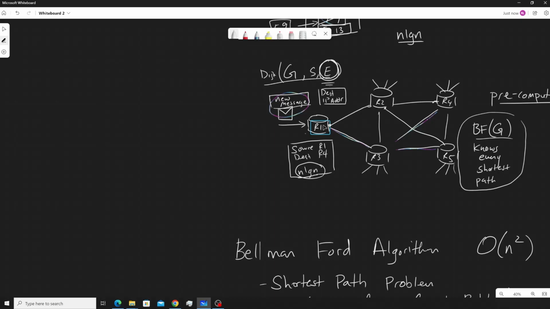And this is just a lookup. Okay, so that's the benefit that Bellman Ford has over Dijkstra, in that it's doing this n squared activity, but it's doing it in the background, such that when a message arrives, it's big O of 1 to look up where it should go next and forward it to the next router. Okay, which means that this operates very fast.